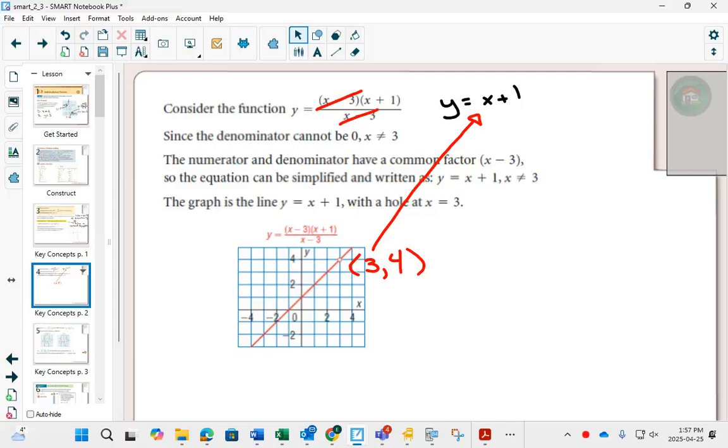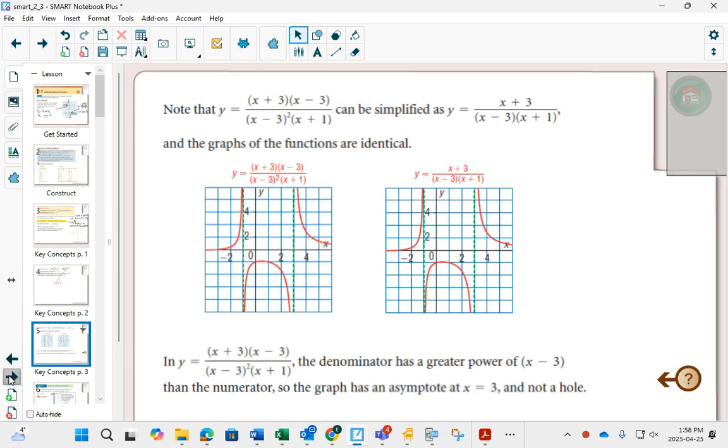Here's an interesting situation. I've never ever seen this on the exam. But I have a factor that cancels out. This x minus 3 would cancel out with one of the x minus 3's on the bottom.